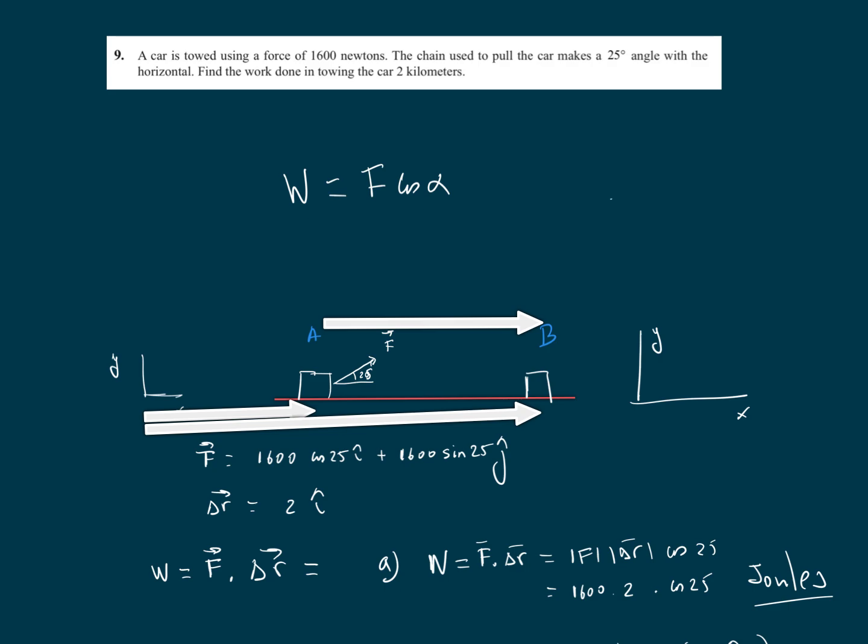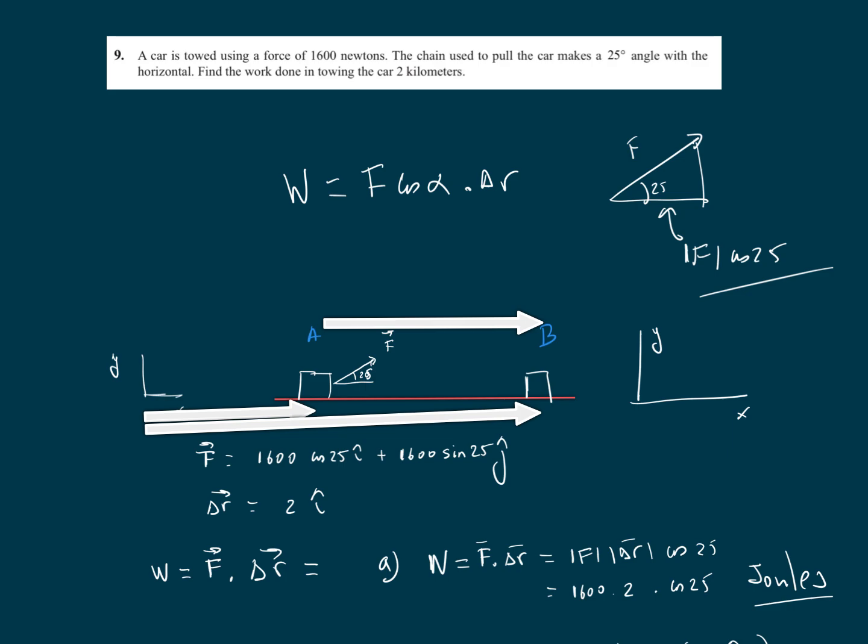This is the magnitude of F cosine of 25. So the work is the force in the direction of the displacement multiplied by the displacement. The displacement can be written like delta S or delta R.